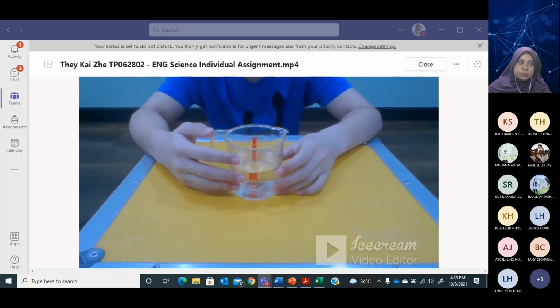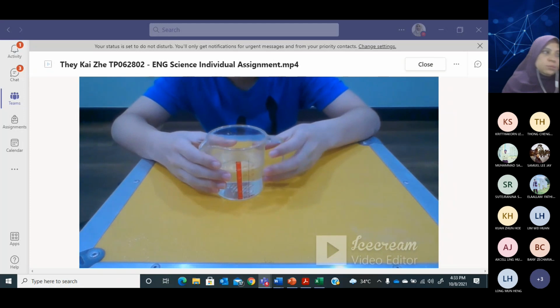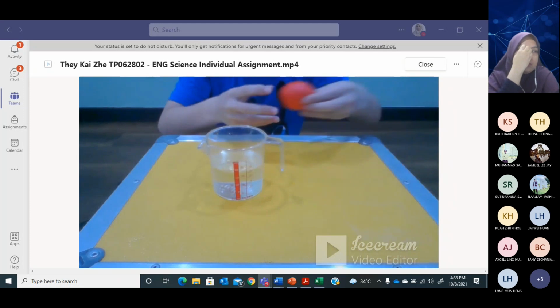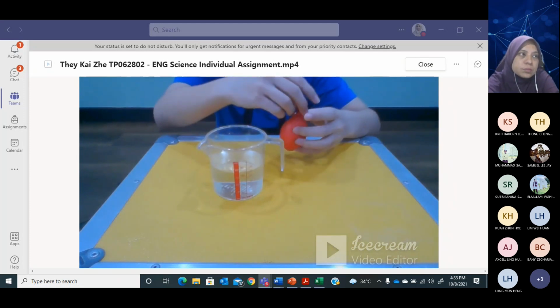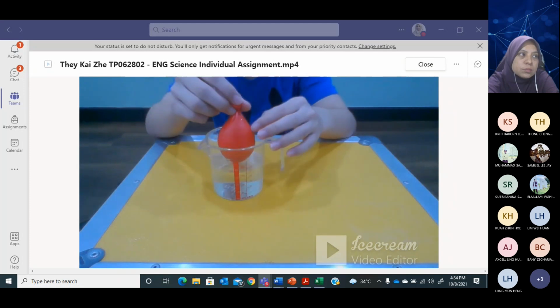Next, I have filled the measuring cup with 190 milliliters of water. And I have a water-filled balloon. And I will measure the volume of the water balloon.